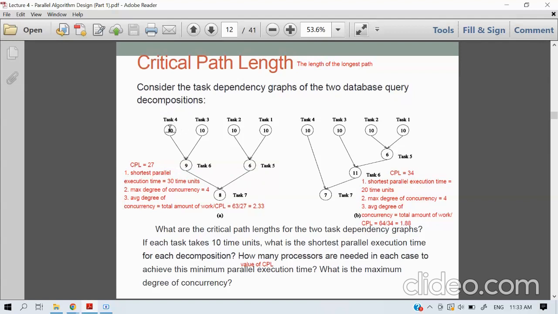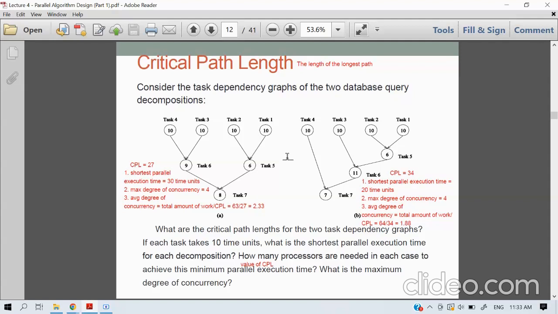Either task 1, task 4, task 6, task 7, or task 3, task 6, task 7, or task 2, task 5, task 7, or task 1, task 5, task 7.